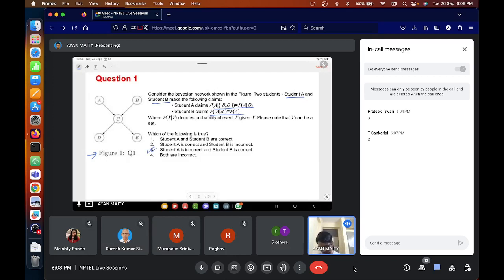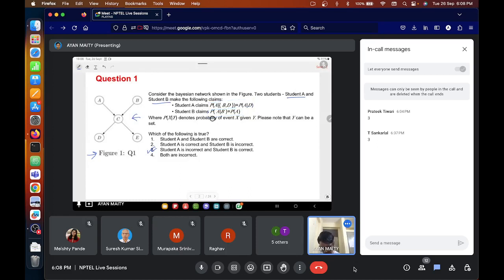First we need to understand how we can represent these two probabilities in this Bayesian network, because the relations are shown in the Bayesian network between these nodes. So what is the first claim?